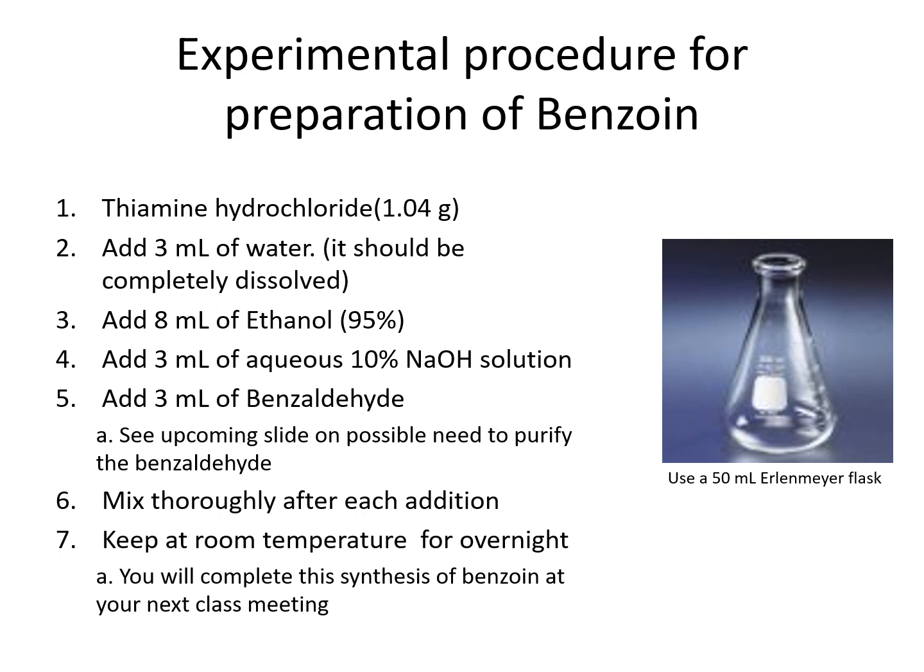Looks like it's an analytical grade, and then we add 3 milliliters of aqueous 10% sodium hydroxide, followed by 3 milliliters of benzaldehyde, our major substrate, and we mix them thoroughly. In fact, it's recommended that we agitate the mixture after each addition, and then we keep the mixture to react overnight.